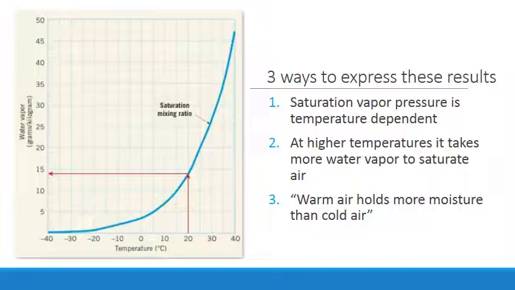And that's really a very verbose way of saying that at higher temperatures, it takes more water vapor to saturate the air. And that's actually even a complex way of saying the third thing, which is warm air is able to hold more moisture than cold air.